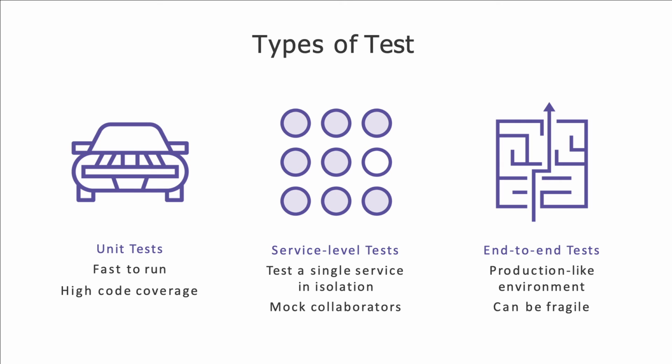Another level of the test is end-to-end tests. The end-to-end test is in a production-like environment. We're not going to test the application itself, but just make sure that the integration between different components of the application is working as expected.